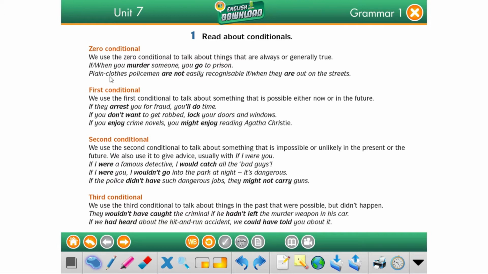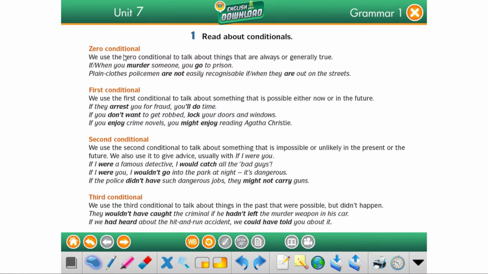Like this one: plainclothes policemen are not easily recognizable if or when they are out on the streets. In this case, if or when they are out on the streets is my if clause, and we started with our main clause, so we don't have a comma here.